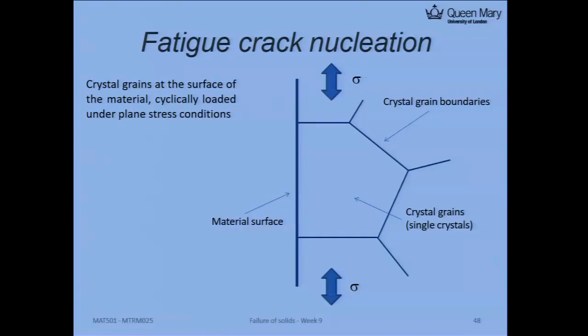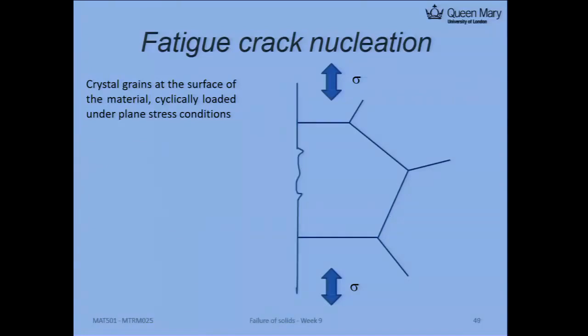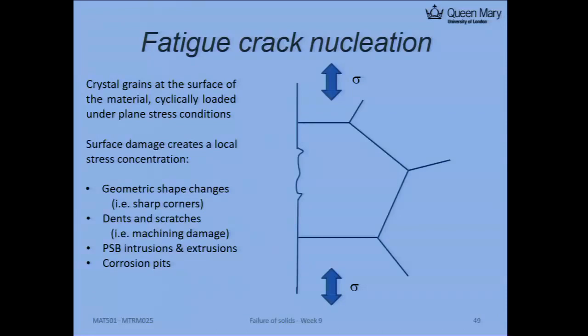But most of the time the material has some surface flaws or initial imperfections, such as the things I draw here. This can be a trigger for fatigue crack initiation. For this kind of imperfection, you can have dense scratches, corrosion pits, some intrusion or extrusion, and also some geometric shape changes.